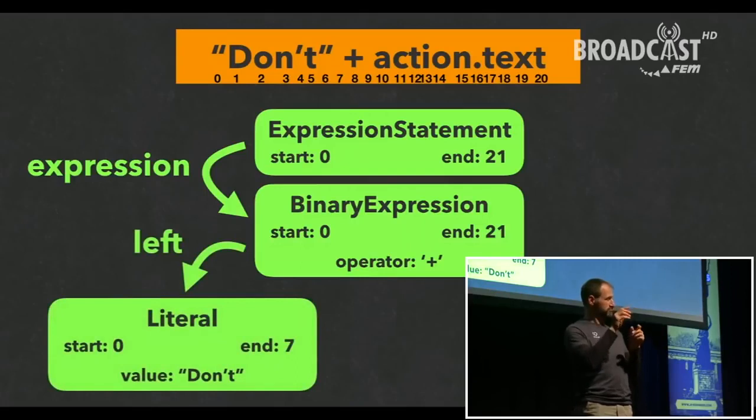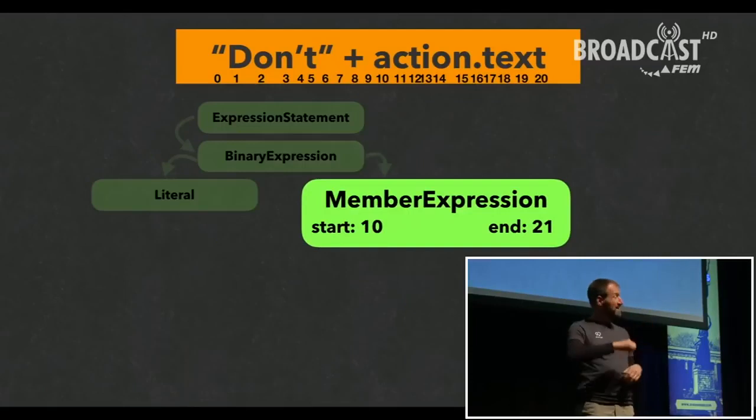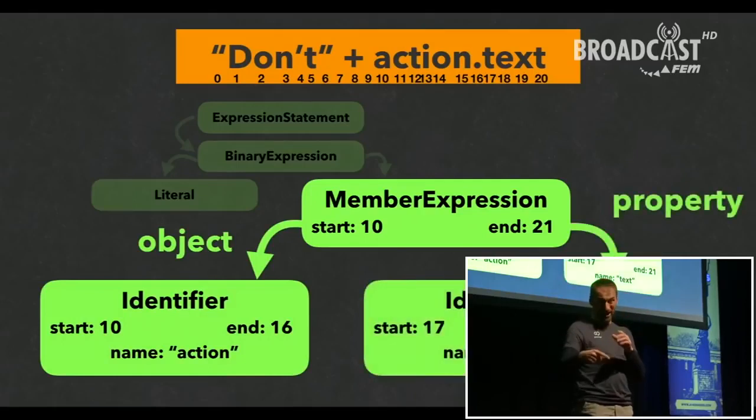The left child is a literal with a value of don't, starts at 0, ends at 7. The right child is a member expression, starts at 10, ends at 21. This member expression has its own children: the object child, which is action, and the property child, which is text. So this is a structure representing my code.